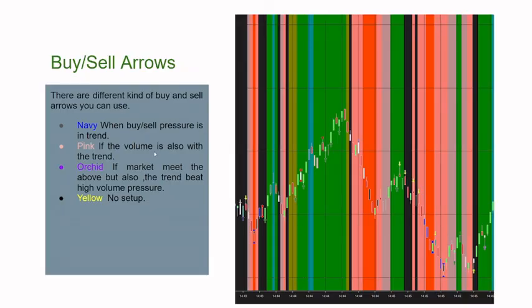Excuse me. We have a navy arrow, a pink, an orchid, and a yellow arrow. This means something related to volume. But I repeat, you need to know when these setups are tradable.